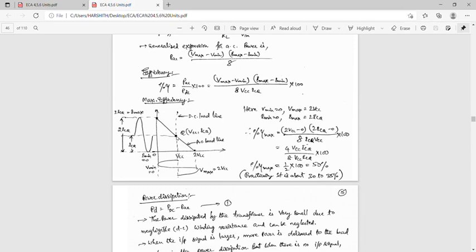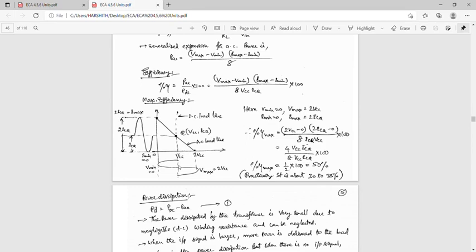This is the Q point, the center of the load line. Voltage is VCC and current is ICQ. This is the AC load line, and these two are the swings.